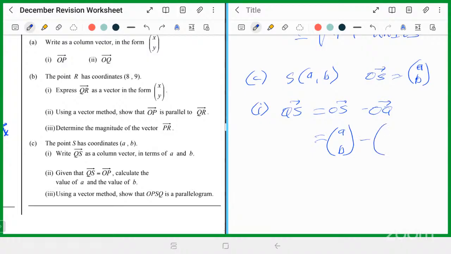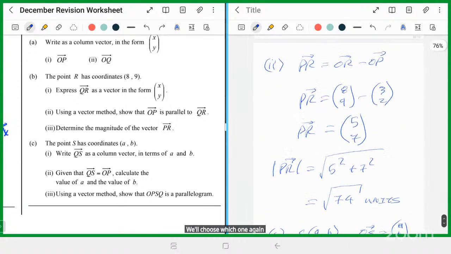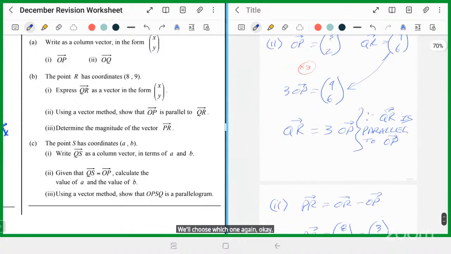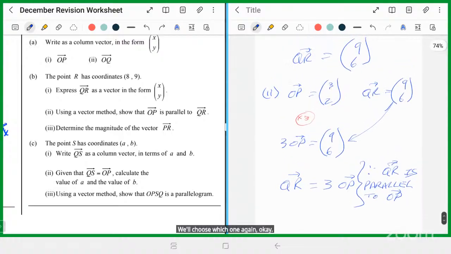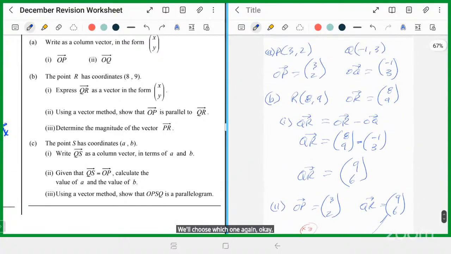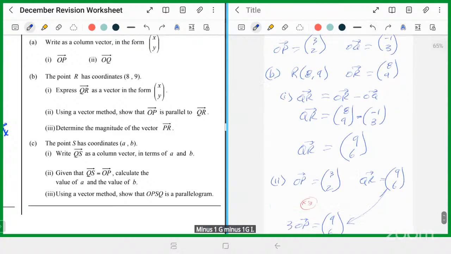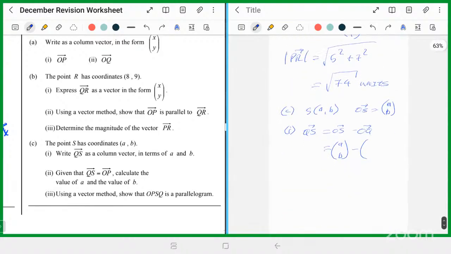And OQ is which one again? OQ is minus 1, 3. So OQ is minus 1, 3.